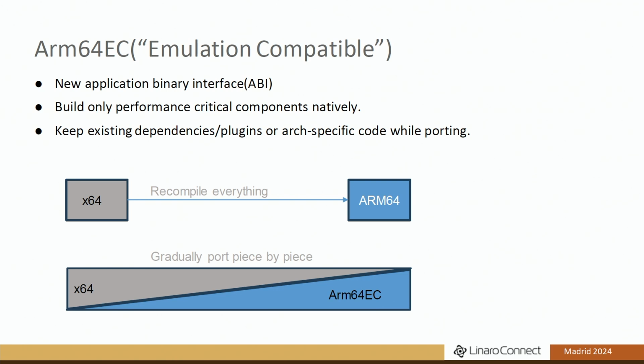And not every app is just a simple main program, right? It could have third-party dependencies, or plugins, or even sometimes architecture-specific assembly, which is maybe written for x64. So to port that is kind of challenging.